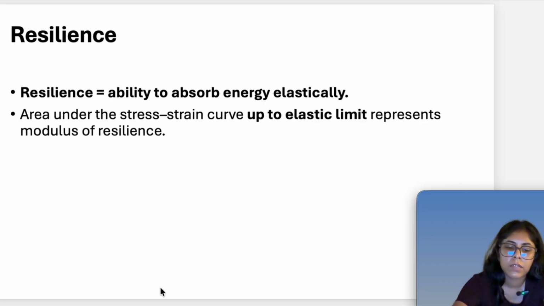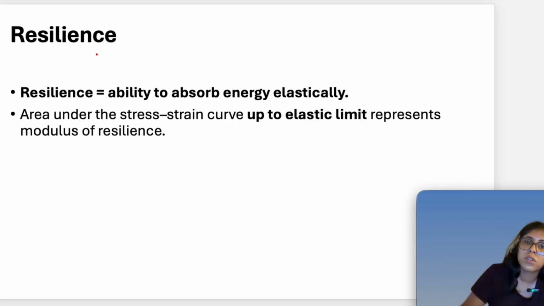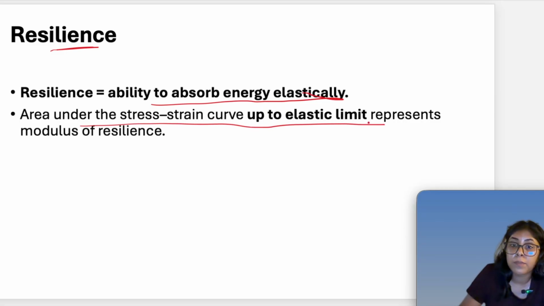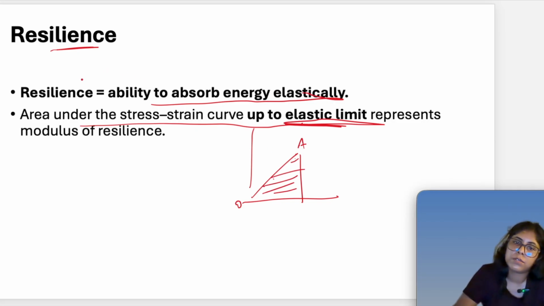And then we have resilience. Resilience is directly connected to the area under the curve. Resilience is nothing but the ability to absorb energy elastically. It's the area under the stress strain curve up to the elastic limit, right? So the elastic limit, that means the OA region we had, the area under that OA region, if we calculate it, will be the resilience.